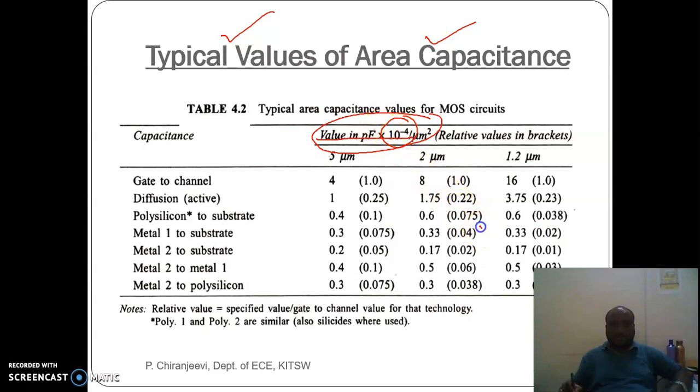For example, if I take this cell into consideration, that is shown as 0.33, this represents the area capacitance between metal 1 and substrate for a technology of 2 micrometer, which is 0.33 into 10 power minus 4 picofarad per micrometer square, whose relative value is 0.04. This relative value is obtained when we divide this 0.33 by the gate to channel capacitance, we get the relative value as 0.04. Hope that is clear.